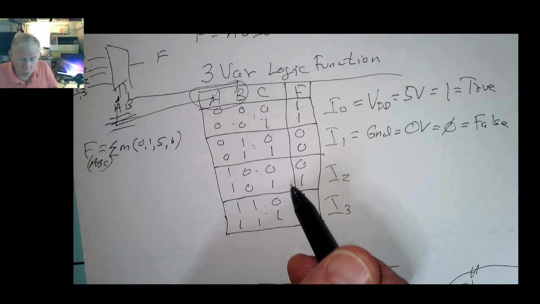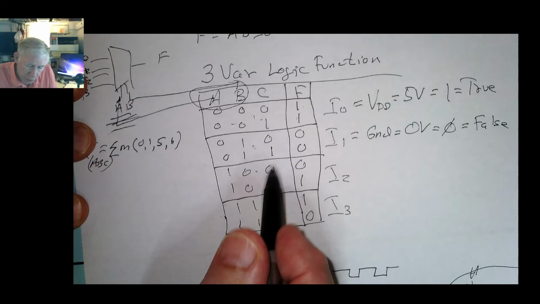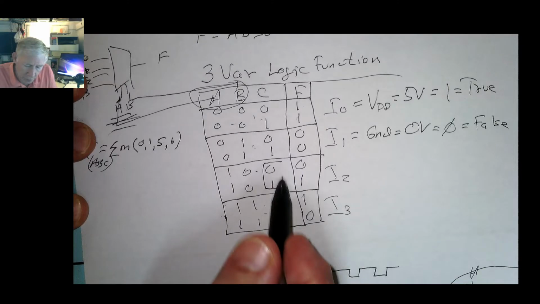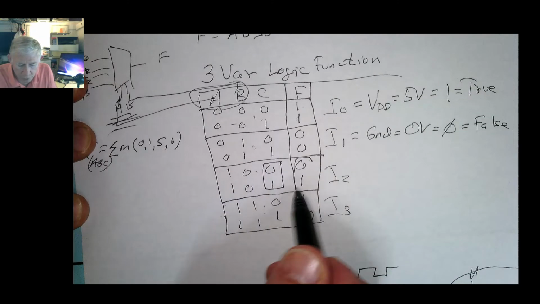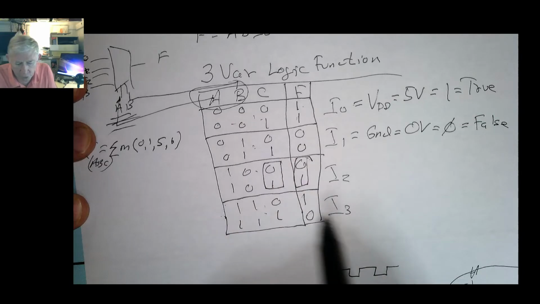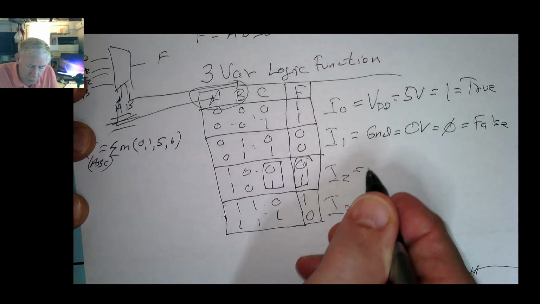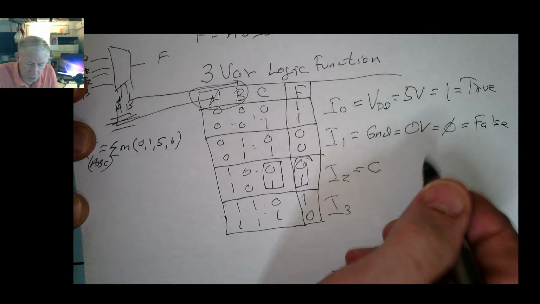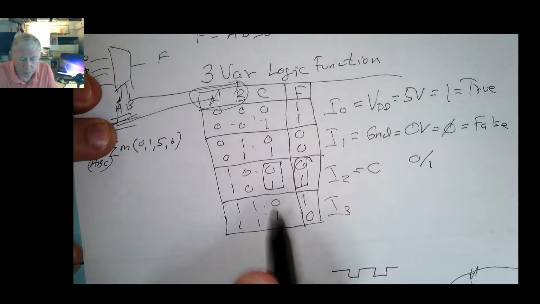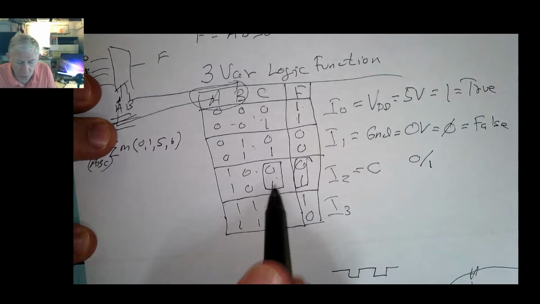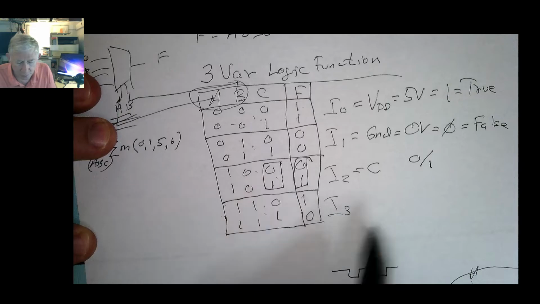So what do we do? Well, it turns out if you look, notice that the variable C exactly follows the pattern for F. So all we have to do is just put I2 equal to C, which means it's 0 for the top row and it's 1 for the bottom row, because C will be 1 for 5, but for 4 it'll be a 0. Okay, so that takes care of that.